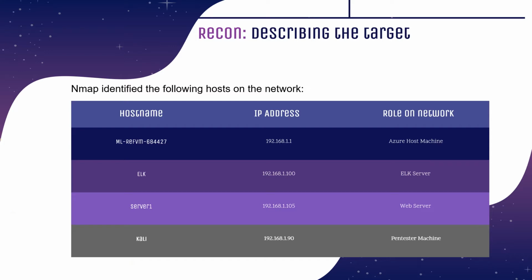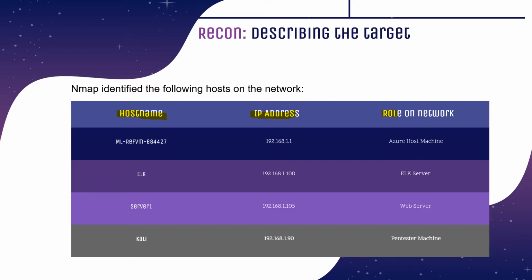As mentioned before, the first step in pen testing is reconnaissance, which in this instance was obtained through an Nmap scan. Here's the summary describing the target. We have the host name here, which is the name used by computers to identify themselves to each other. Next, we have the IP address here, which the network uses to identify each of these machines.